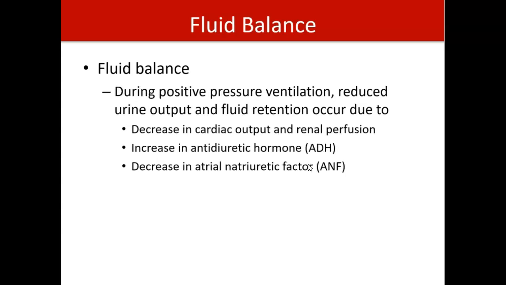We also see a decrease in urine output a lot of times because the patients are on mechanical ventilation. During positive pressure ventilation, your cardiac output is potentially going to be reduced.